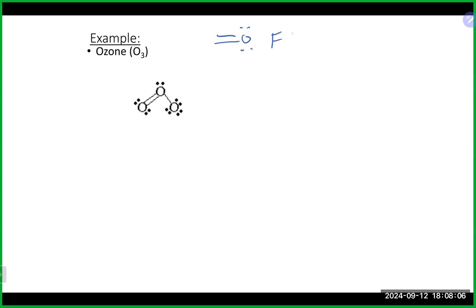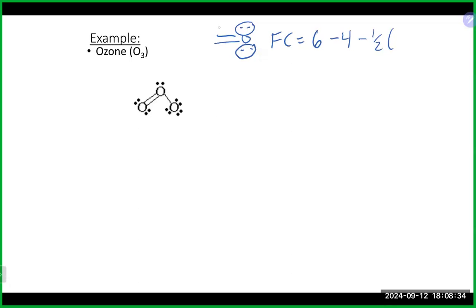The formal charge on that one is 6 for oxygen, which is its normal number of valence electrons. When we look at the double bonded oxygen, it has 4 non-bonding electrons. Again, not pairs here, but actual individual electrons. So 4 total non-bonding or lone pair electrons, minus 1/2 the number of bonding electrons.